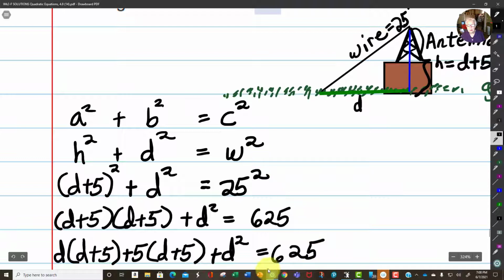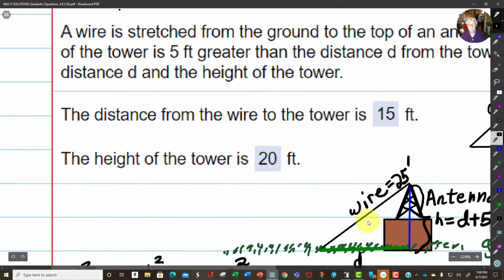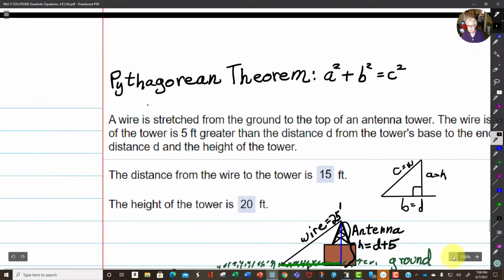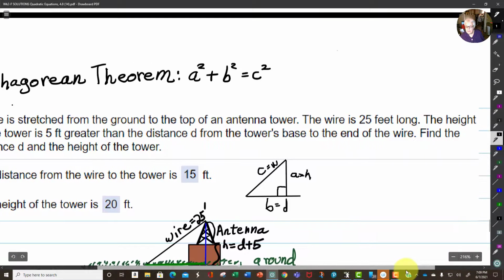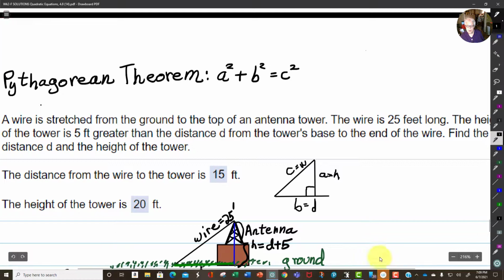Now this is some more of the information we're given. A wire is stretched from the ground to the top of an antenna tower. The wire is 25 feet long. The height of the tower is 5 feet greater than the distance from the tower's base to the end of the wire.